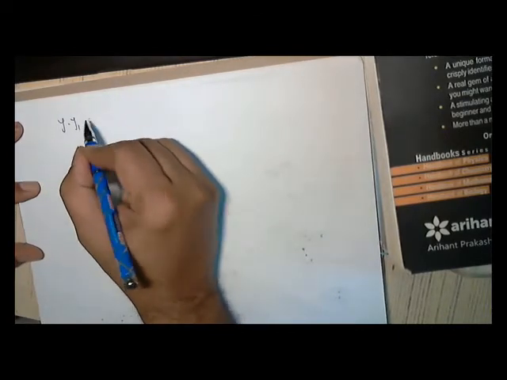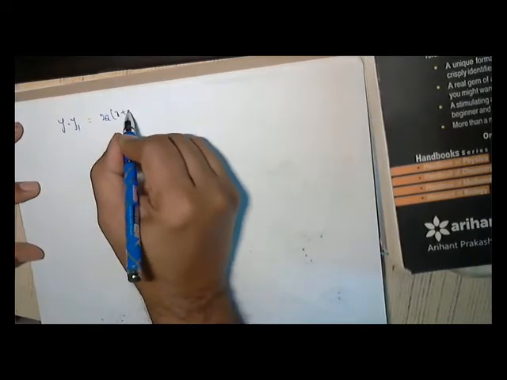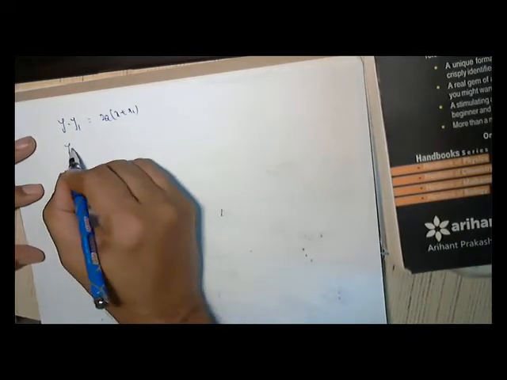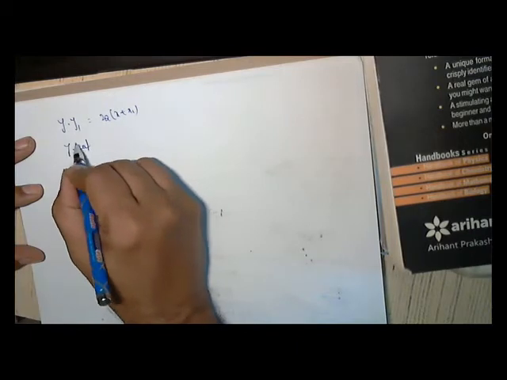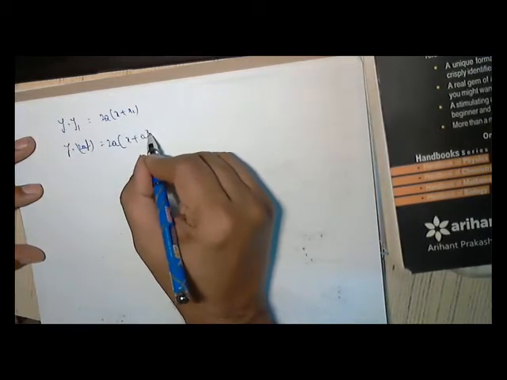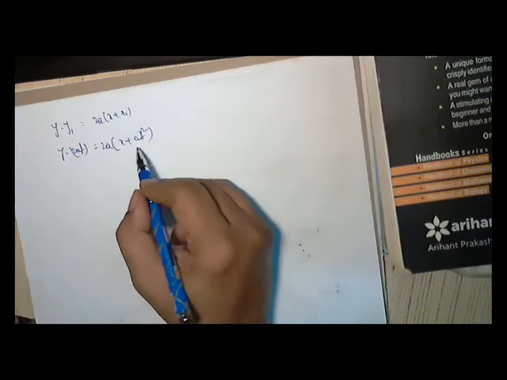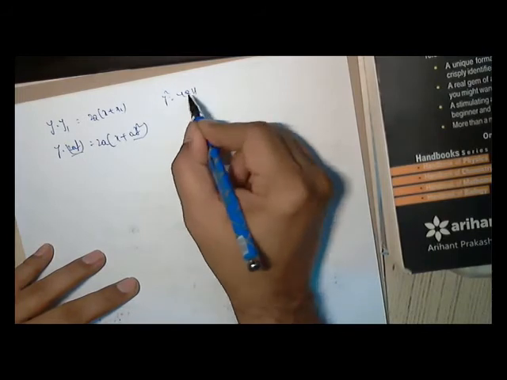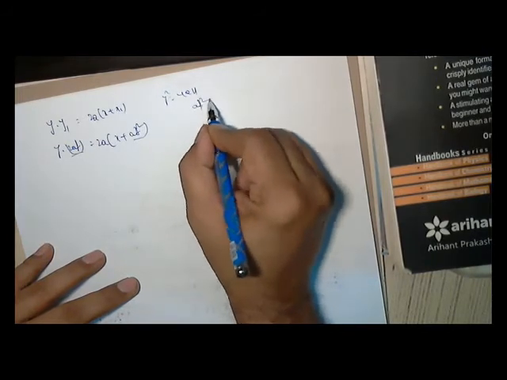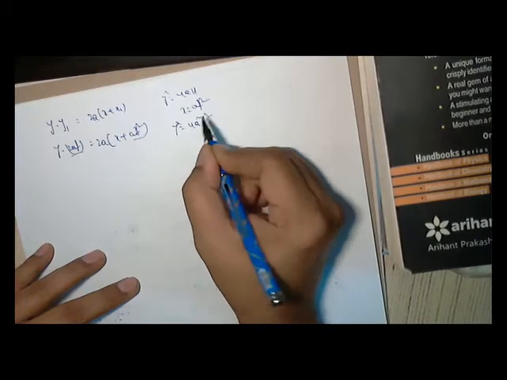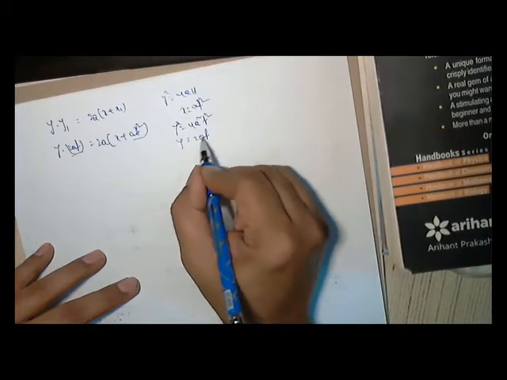y y1 is equal to 2a into x plus x1. Now I am substituting the parametric form. Y1 is what? 2at. 2a into x plus x1, where x1 is a t square. This is what we have assumed as the parametric form. Y square is 4ax. When x is a t square, so y square becomes 4a square t square, y becoming 2at, plus or minus.